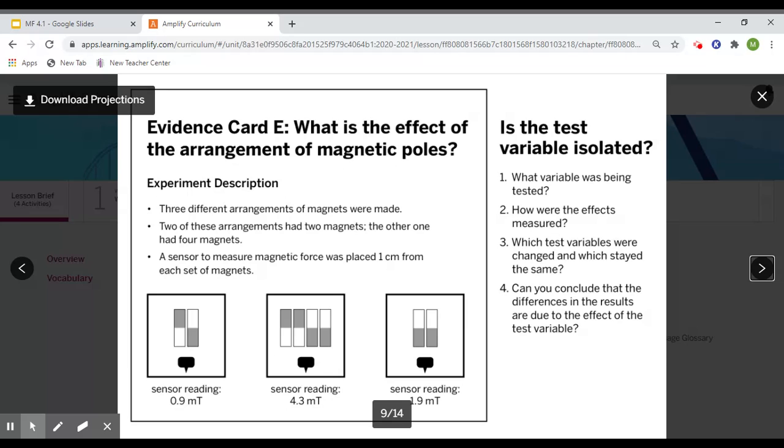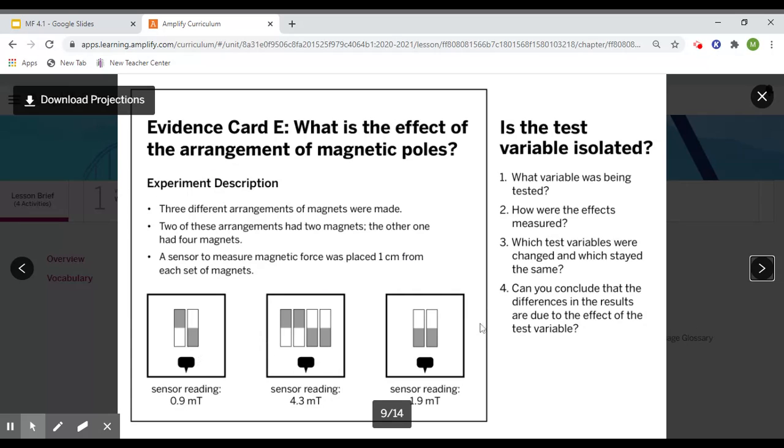I only want to change one thing in between all tests. So when I look here on evidence card E, what is the effect of the arrangement of magnetic poles? What I'm testing is the arrangement of the poles. I'm not testing the amount of magnets. I'm not testing distance. I'm not testing materials. I'm only testing the arrangement.